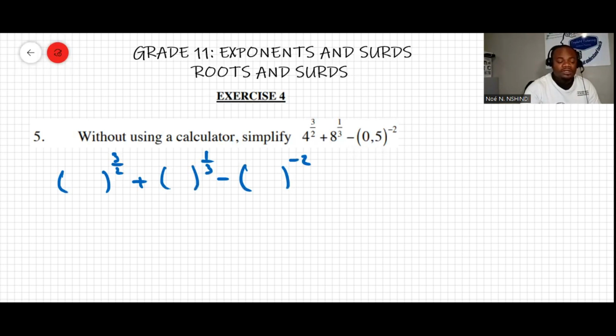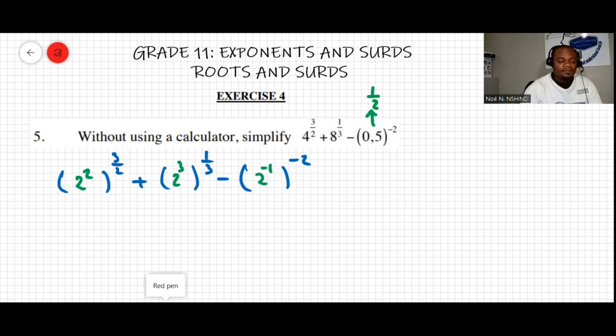4 can be written in terms of a prime factor, which is 2 squared. 8 is also 2 to the power of 3, and 0.5 is just a half, which in exponential form is 2 to the negative 1.